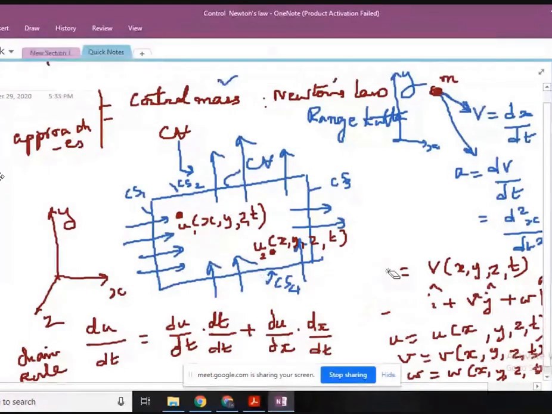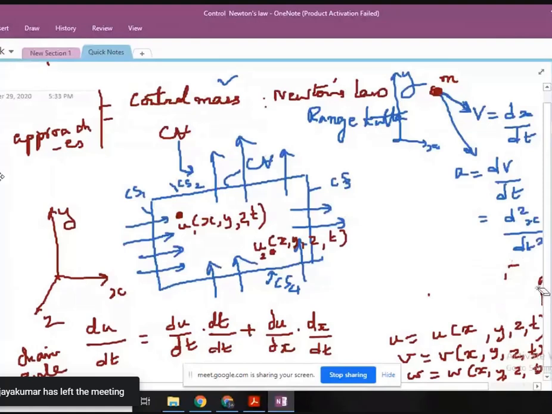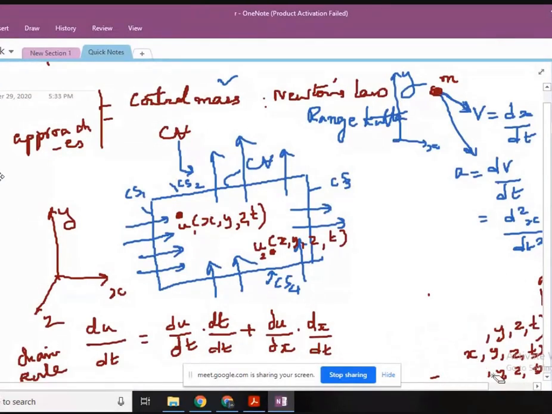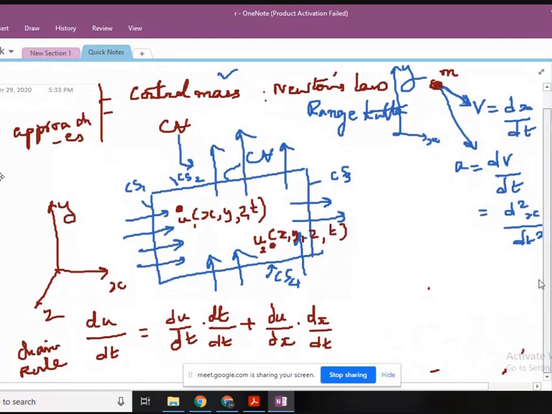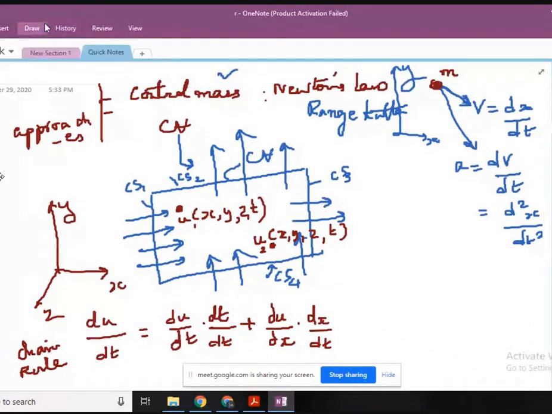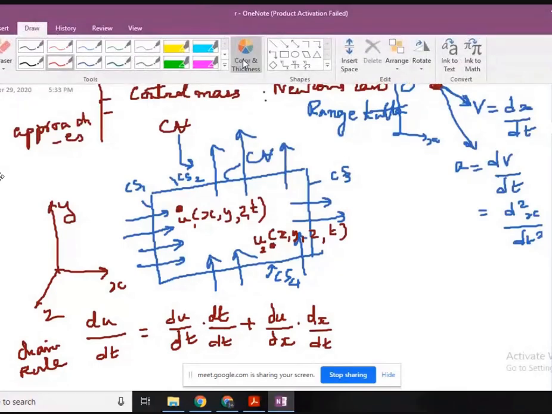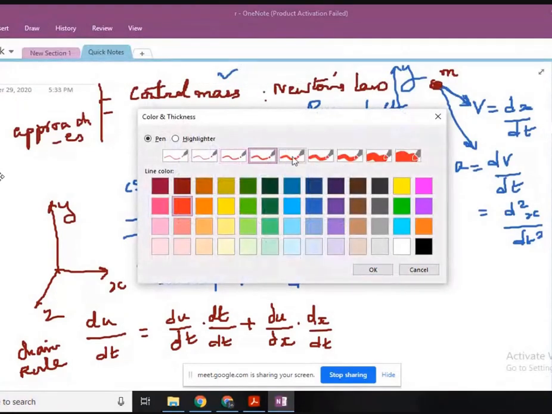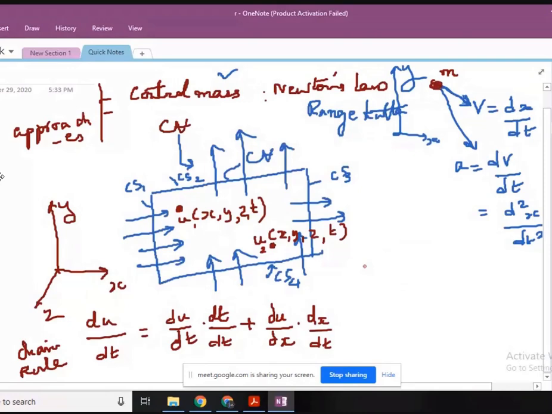I need the space, so I'm erasing it. Plus, now you have the change of the property with respect to y and the change of y with respect to time t.